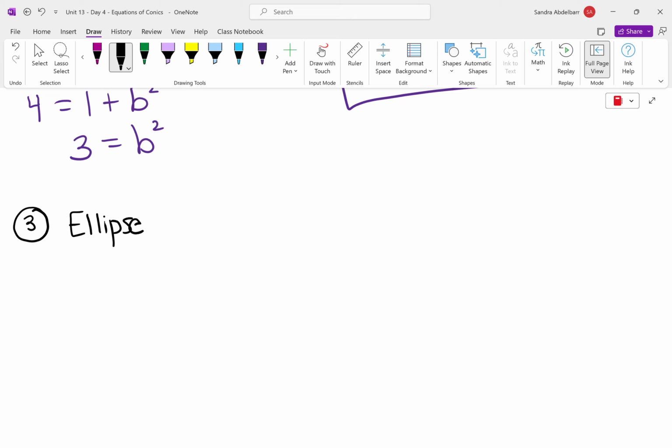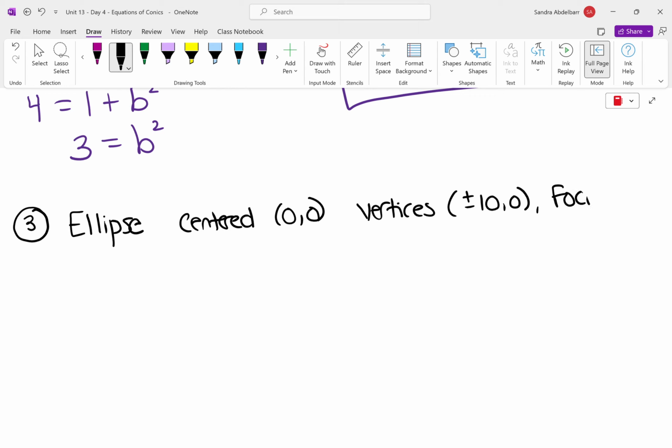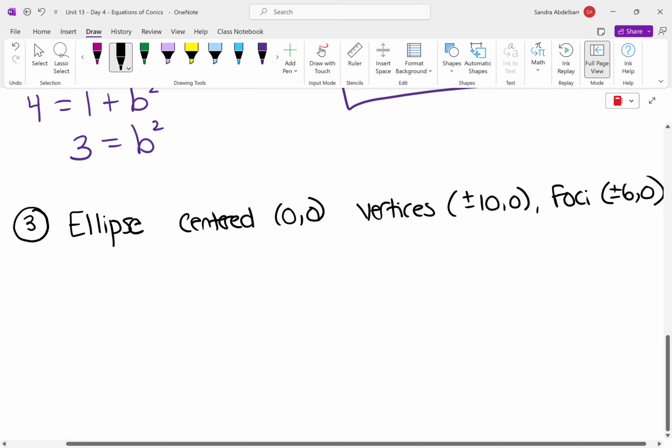All right, so this one I'm going to have us figure out an ellipse centered at 0, 0, and vertices plus minus 10, 0, and foci are plus minus 6, 0.